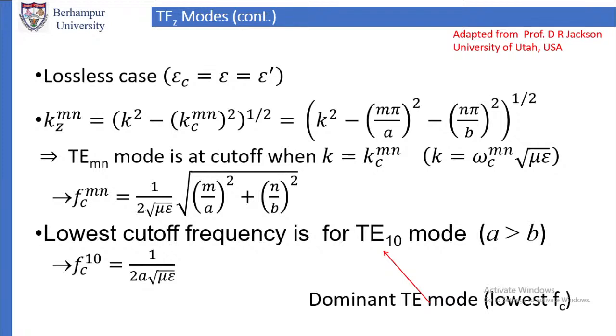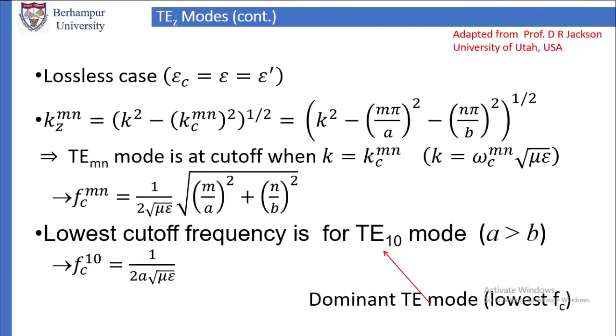When kz is equal to 0, then k squared is equal to (m pi by a) whole squared plus (n pi by b) whole squared. So k is equal to kc mn. kc mn is the cutoff wave number of the mnth mode.